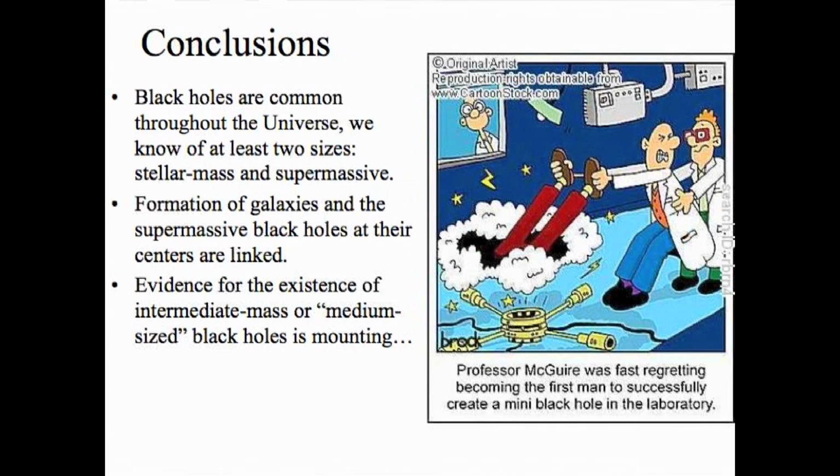Okay, so we've approached 8 o'clock. So I'll just put up my conclusions. Okay, so if you've learned anything, you should know that black holes are common throughout the universe, and we know of two sizes of them: ones around the mass of our sun, and supermassive ones that are found at the centers of galaxies.